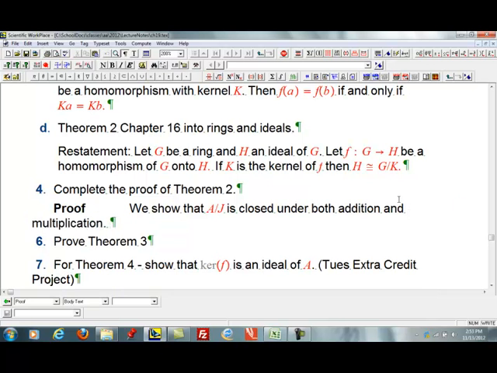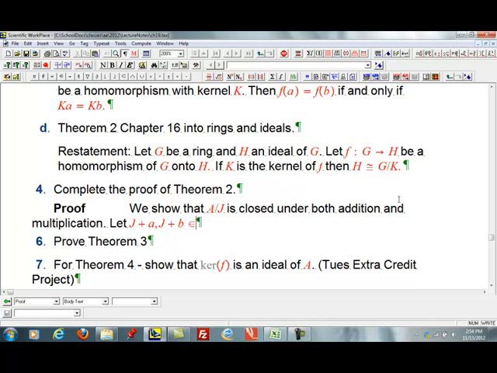Okay, so how do you show it's closed under addition? We have to get 2 elements and add them together, right? So what are elements in A mod J? We're going to call them J plus a, because when we're talking cosets, we're using the addition notation for it.